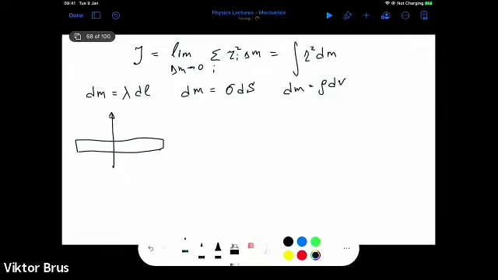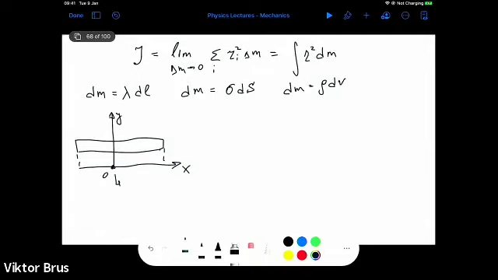Here we have our x-axis, and this is the total length of the rod, which is L. Let's consider that this is 0 on x.